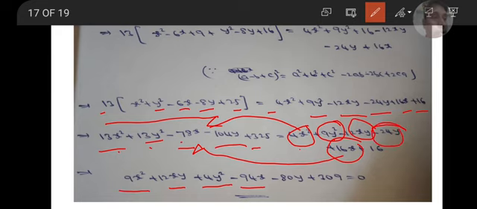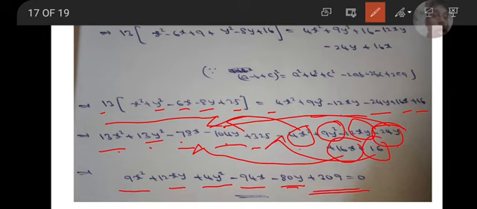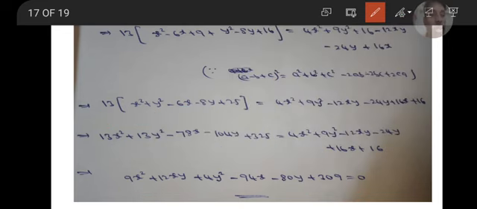If −24y comes to this side it becomes +24, so −104 + 24 means −80y. This 16 comes to this side: −325 − 16... plus 309 equal to 0. That is the equation of the parabola: 9x² + 12xy + 4y² − 94x − 80y + 309 = 0.